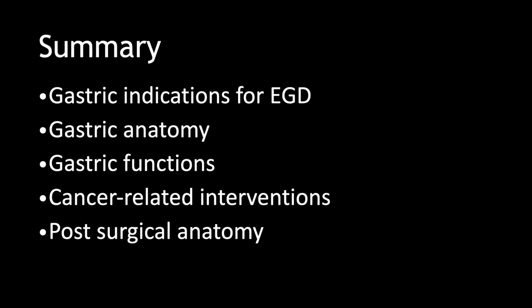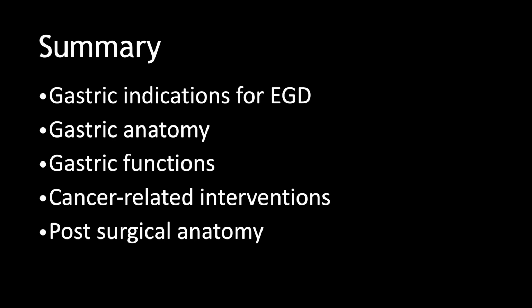In summary, we talked about why patients present for an upper endoscopy procedure. We talked about the four segments of the stomach: the cardia, fundus, body, and antrum pylorus. We talked about the different functions of the stomach, which include mechanical digestion, chemical digestion, GI motility, and antimicrobial defense.